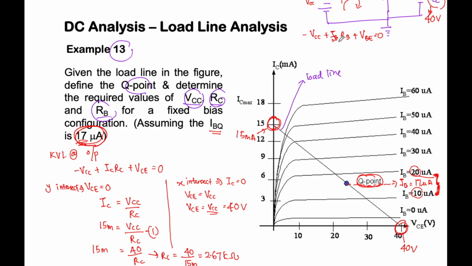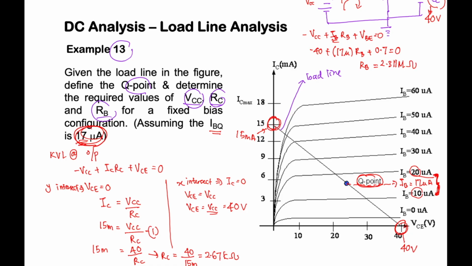They mention IB is 17 micro, so negative 40 plus 17 micro RB plus VBE, which is always 0.7. From here we can find the value of RB, which becomes 2.311 mega ohm.